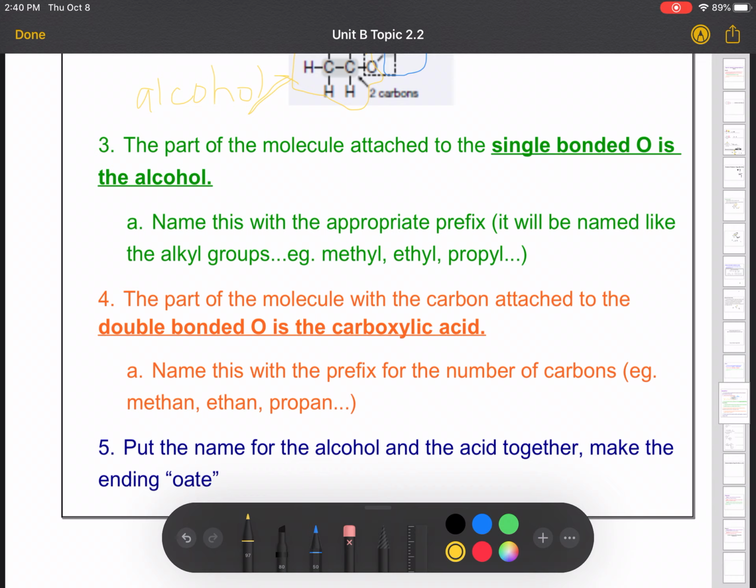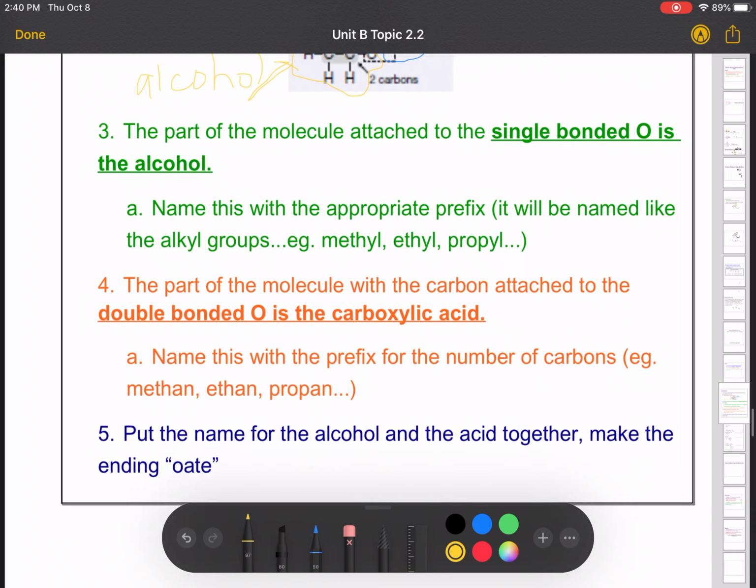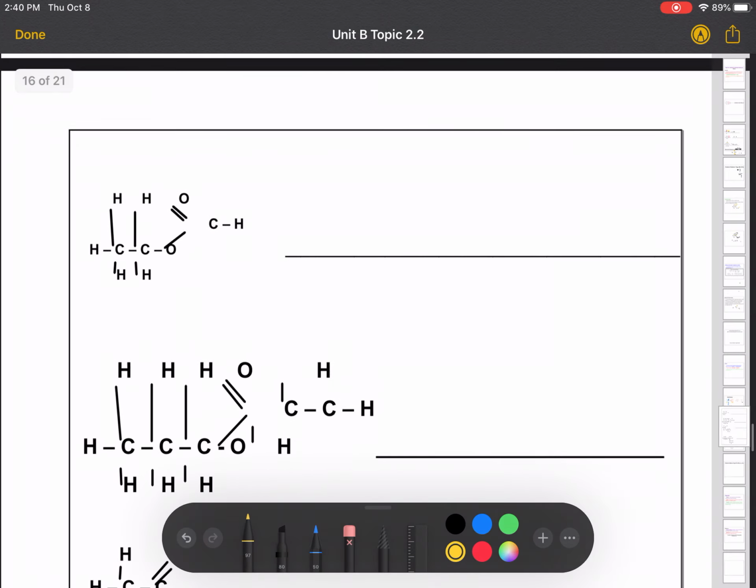So methane, ethane, propane. And then we're going to change the ending from ane to oate. Okay? So let's try one of these.